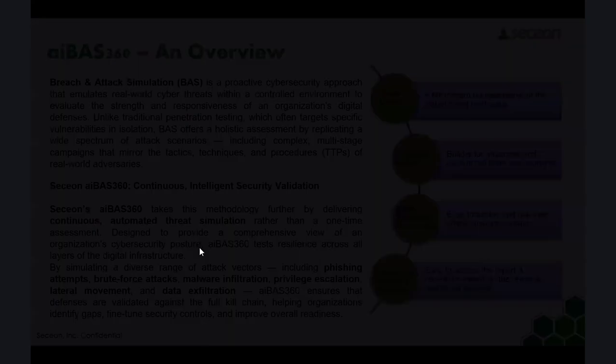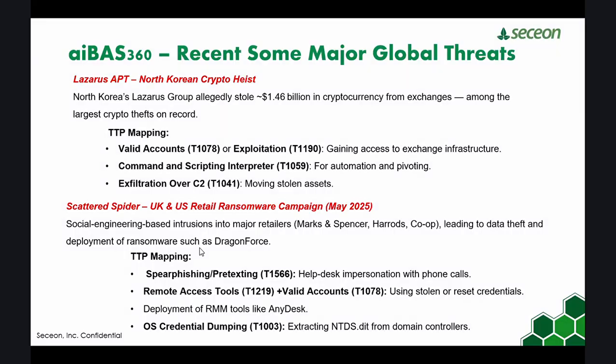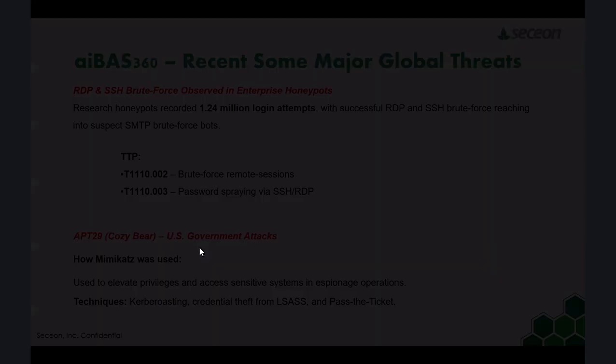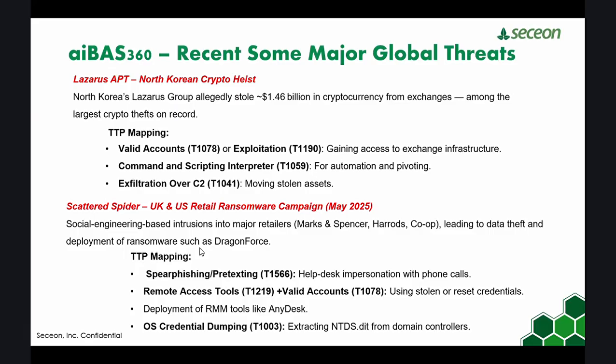So let us go through some of the recent global threats. We'll start with the Lazarus APT, North Korean crypto heists. They have stolen almost 1.46 billion in cryptocurrency from exchanges, identified as the largest theft on record.